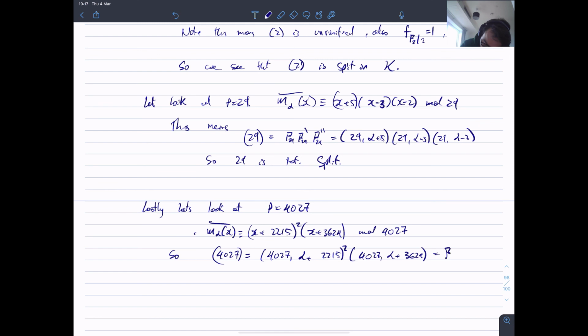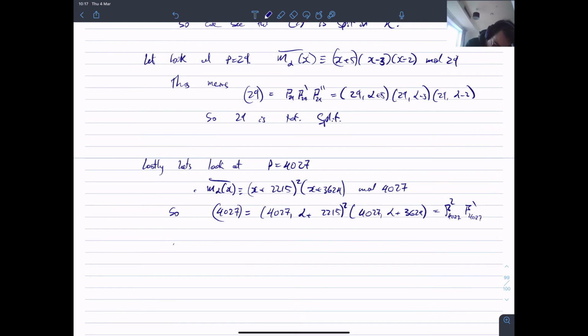Maybe give these names P4027 squared and P4027 primed. So in this case, we have an exponent too. So 4027 is ramified.